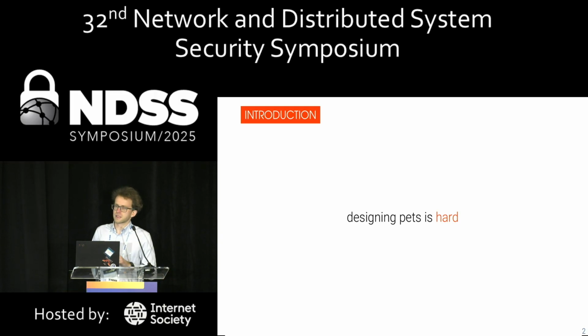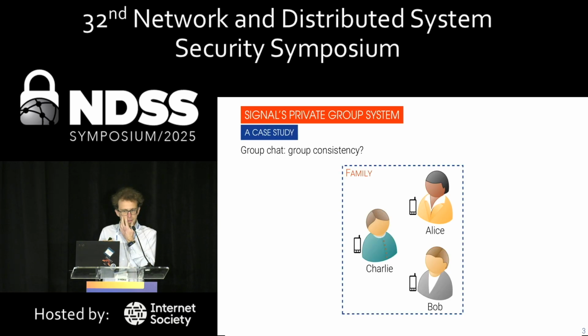As an example, to set the scene, I would like to have a look at the private group system in Signal. Originally, the group chat system in Signal was rather simple. So this is my family chat: my mom, Alice, my dad, Bob, and my brother, Charlie.